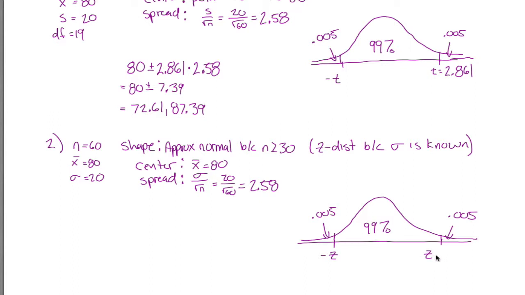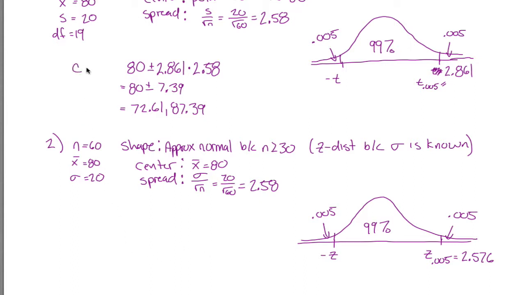The z value, z sub 0.005, whereas this was t sub 0.005, is equal to that thing. So this is saying how many standard deviations do you have to go over with the z distribution if you want to get 99% of the data in the middle, and the answer to that is 2.576.